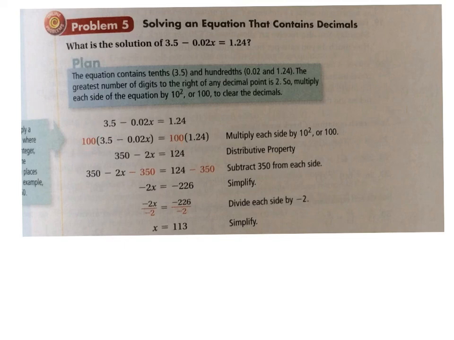Well, 2 zeros is 100. So we can actually force some distributive property in here, and we can make it 350 minus 2x equals 124. So again, notice distributing to get rid of the decimals makes the problem a lot nicer. Subtract off the 350, divide off the negative 2, and x is 113. Those are a lot nicer for the simple facts. It's just quicker and easier.